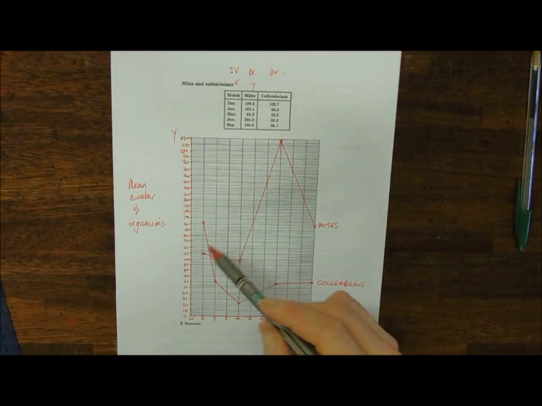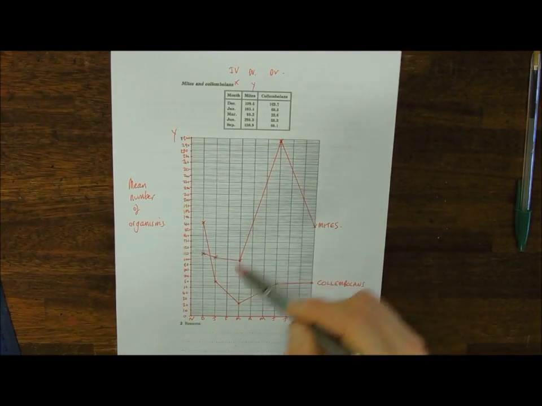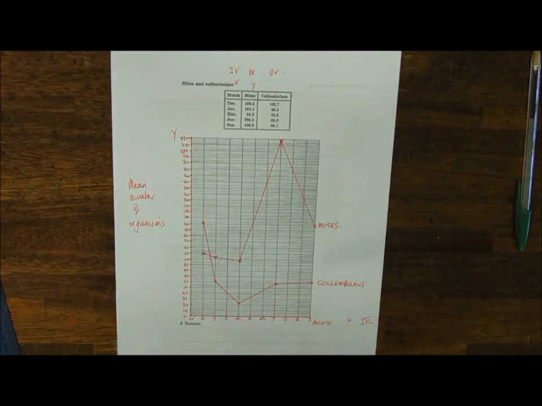So the mites increase when the collembolans go down, and when you do populations you'll see kind of predator-prey cycles. So the mites are predators of collembolans. What's our evidence?